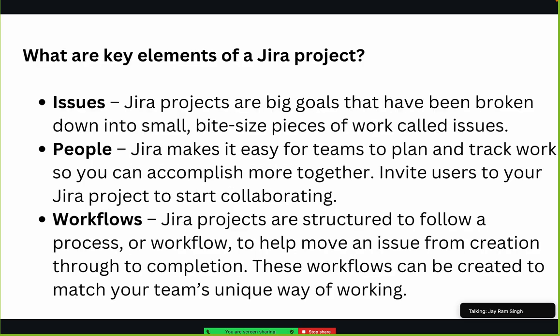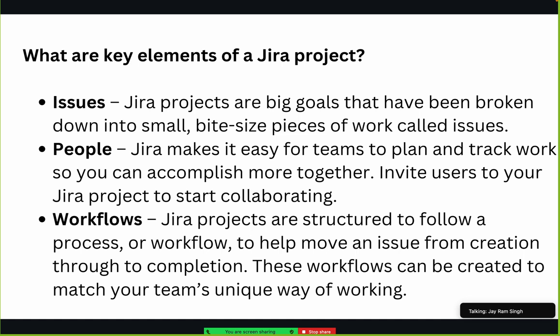And if you talk about a project in terms of Jira, there are three key elements. First is the issues, which need to be worked on; people who will work on the issues; and workflows, how the issue is moving from one step to another step.